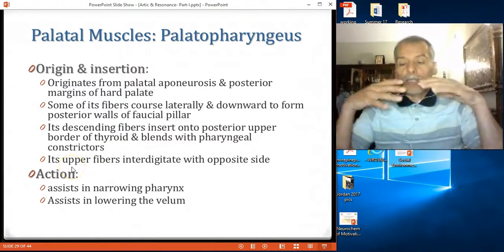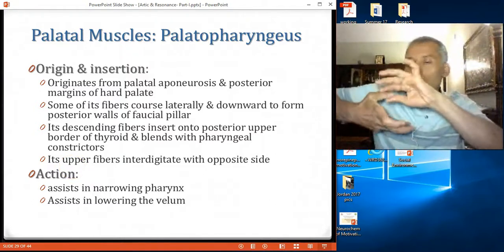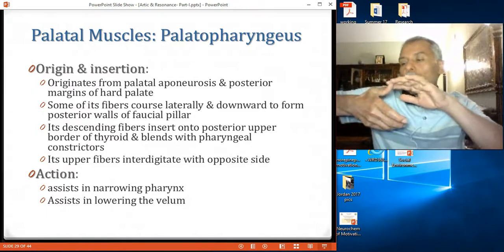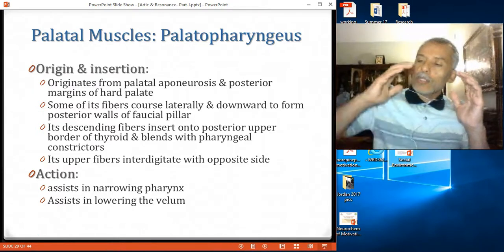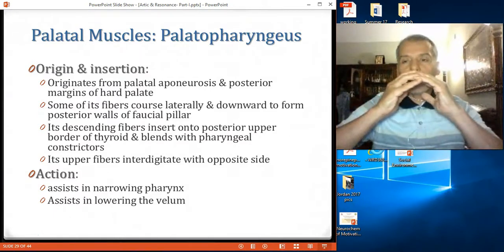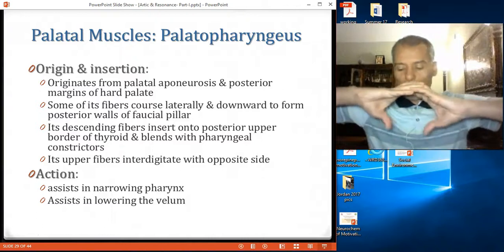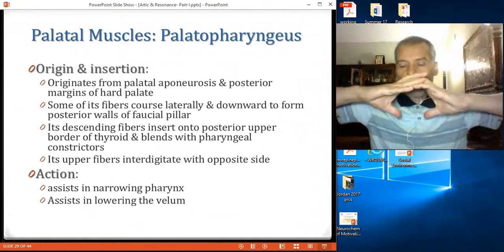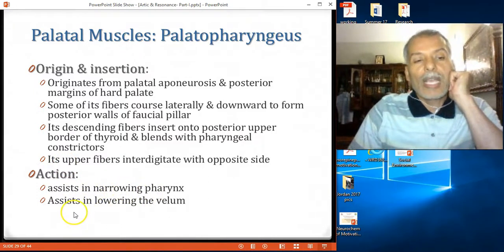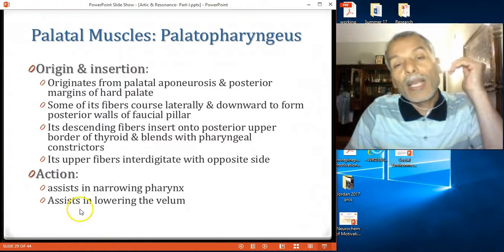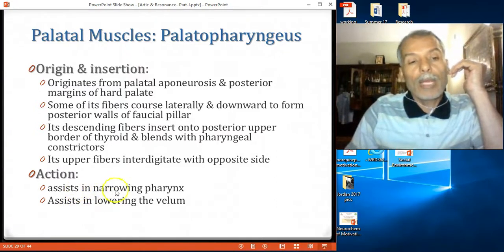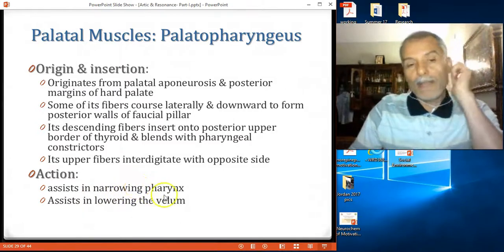And the upper fibers, from the level of the aponeurosis, cross over to the other side, interdigitate and connect like this to anchor from above, and then the muscle goes down like that. So the action is to assist in narrowing the pharynx and also to assist in lowering the velum.